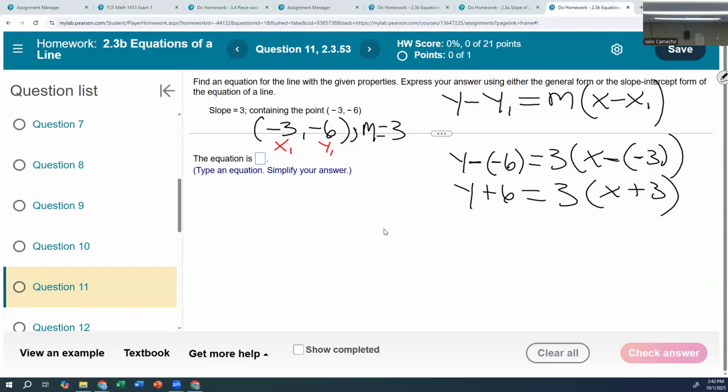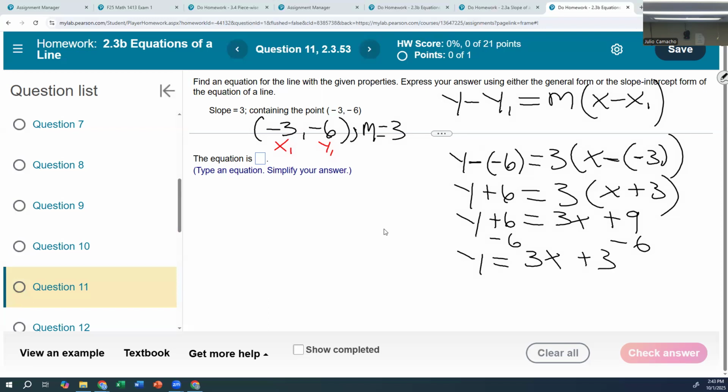If you want to express this in slope-intercept form, you have to solve the equation. We have y plus 6 equals 3x plus 9, because all are positive. Then you subtract 6 from both sides. y is equal to 3x, that is your slope, plus 3.